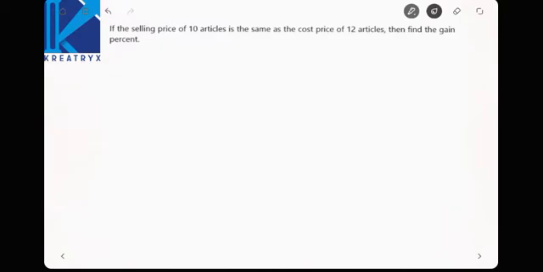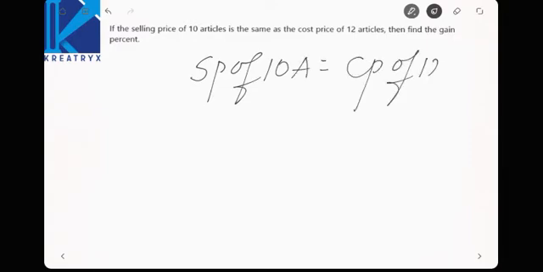If the selling price of 10 articles is the same as the cost price of 12 articles, find the gain. So selling price of 10 articles is equal to cost price of 12 articles, right? Let us consider the cost price of each article is rupee 1.